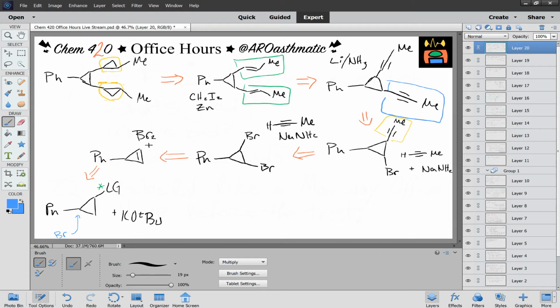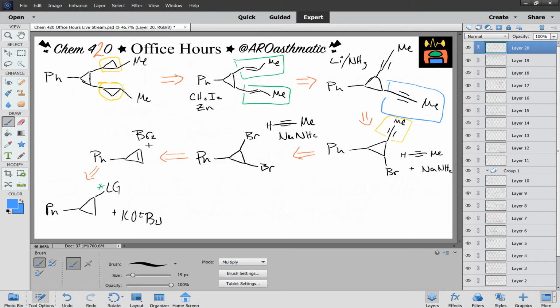And I know a way to do it. I just don't know if you've learned this reaction yet. I don't know if you've learned in your study of SN1, SN2, E1, E2, in your study of leaving groups, if you've learned the tosylate leaving group yet.